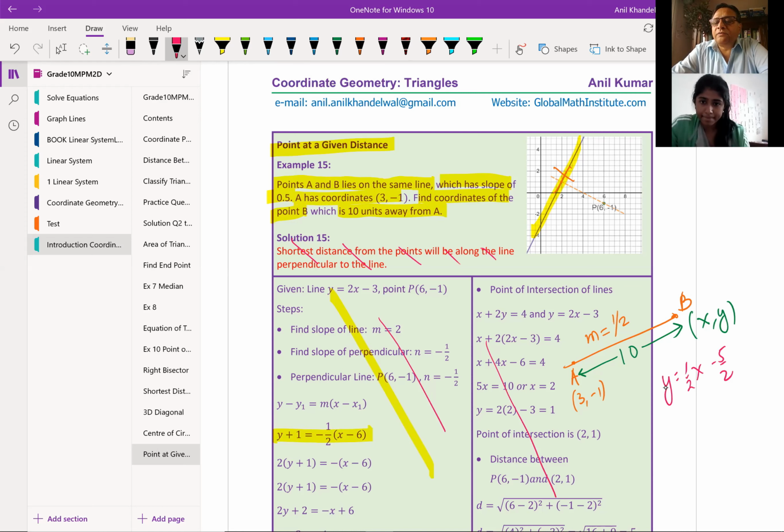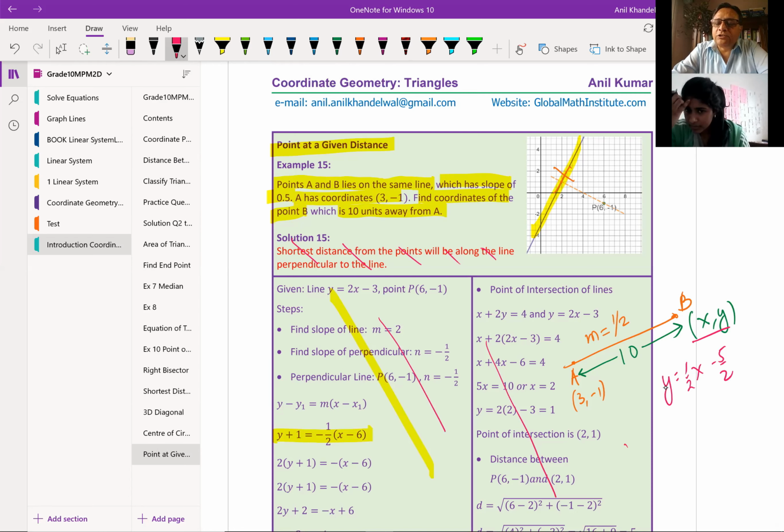Once you get the equation of the line, how do you get point B? So it's 10 units away. You could use Pythagoras' theorem, or you could use the distance formula.